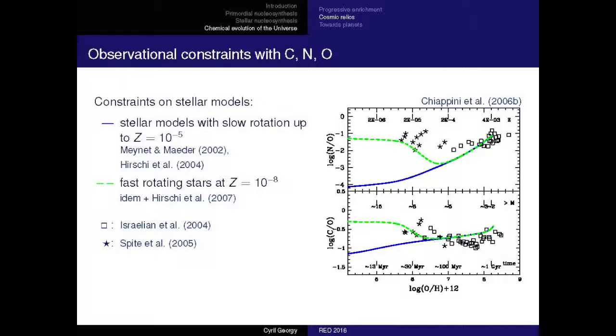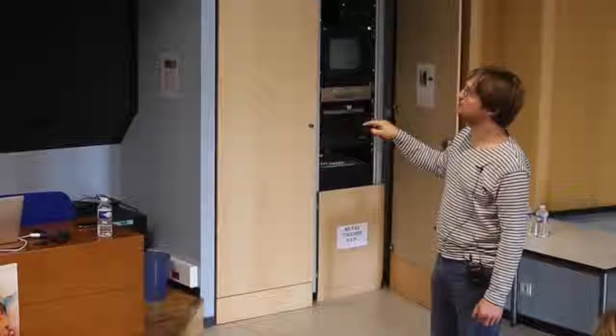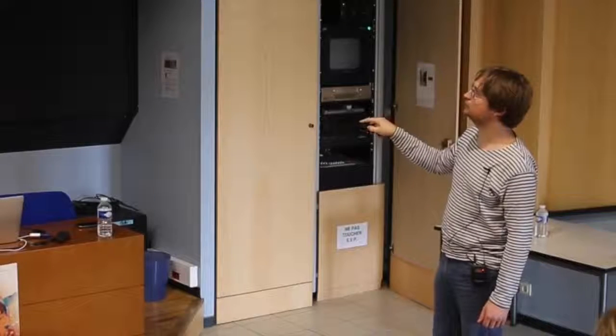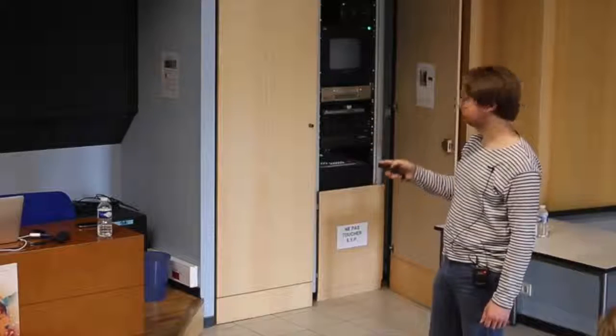And you can try to see what happens if you consider that at very low metallicity, instead of non-rotating or slow rotating stars, you have very fast rotating stars at some point. And you see, for example, that adding fast rotation in stellar models allows to better reproduce this point here or this point here.